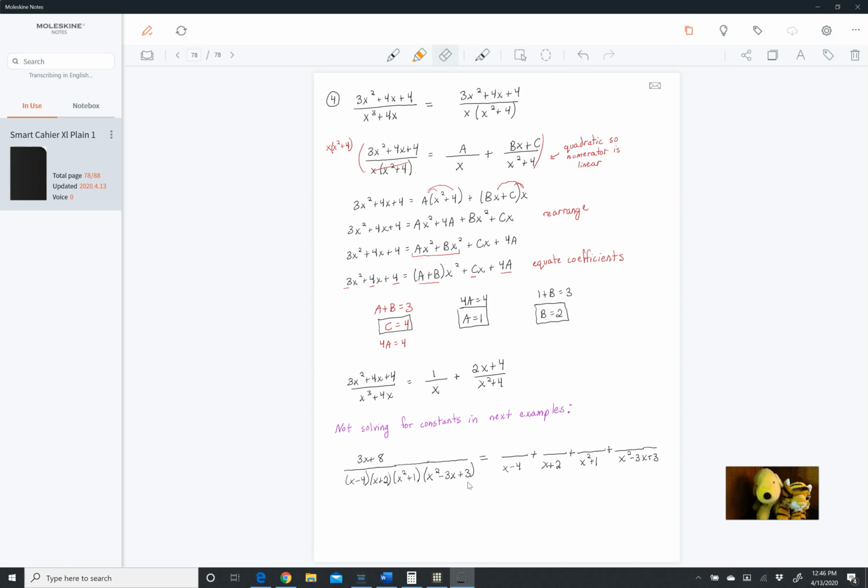Okay. x minus 4 is linear, so its numerator has to be constant. x plus 2 is linear. Numerator must be constant. x squared plus 1 is quadratic, so the numerator is linear. So we already used a and b, so we're going to use cx plus d. And x squared minus 3x plus 3, it's quadratic. Numerator is linear. We already used the other letters, so we're going to start at e. So it's ex plus f. And that's it. We're not going to go any further.